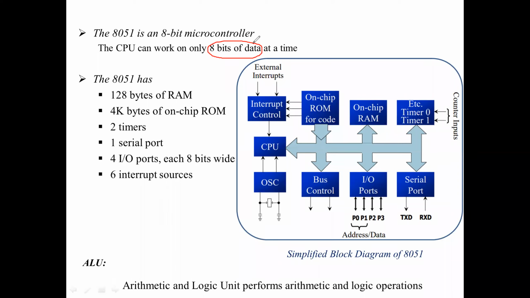See, in a PC, I have a comma or a colon, or I have characters like Y, Z, A, B, C, whatever may be: numbers, characters, special characters. Everything will have some unique 8-bit data. You know that? Yes.